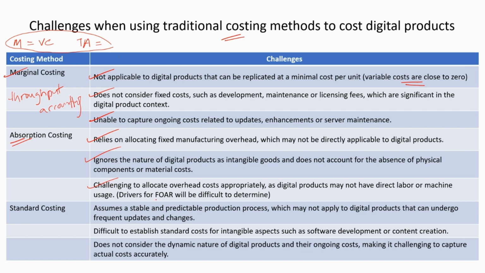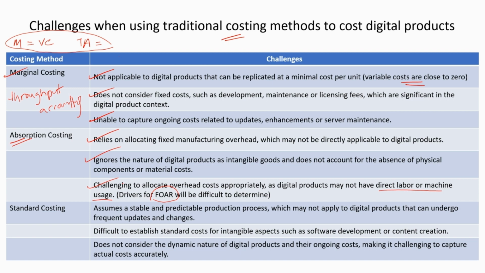As now we know, under absorption costing, we have to calculate the FOAR. This is the fixed overhead absorption rate. In order to calculate the FOAR, we need to have a base cost driver. Generally, direct labor or machine hours will be the base cost driver when it comes to calculating the FOAR.